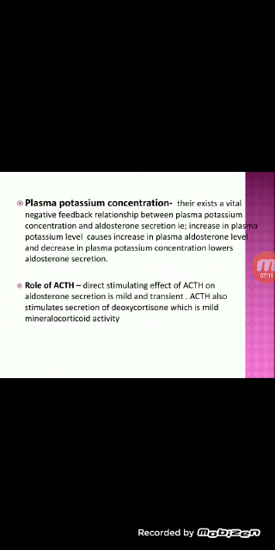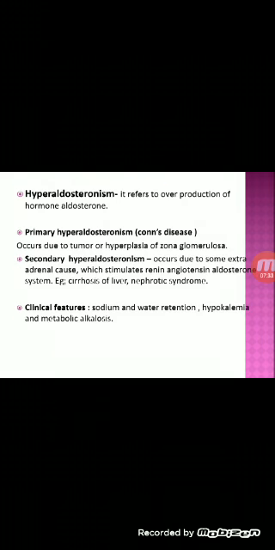This low level of potassium has a negative feedback on aldosterone secretion by the adrenal cortex. And the role of ACTH is this: as we have seen earlier, ACTH has a mild mineralocorticoid effect, but it is mild and transient.